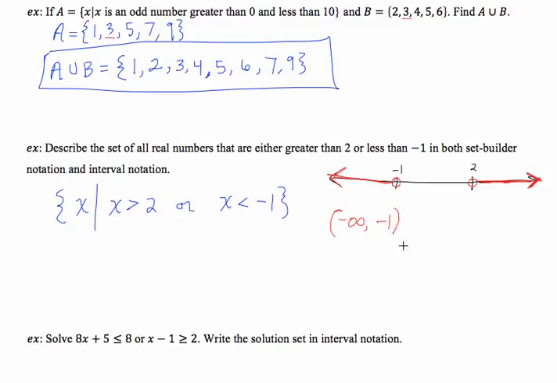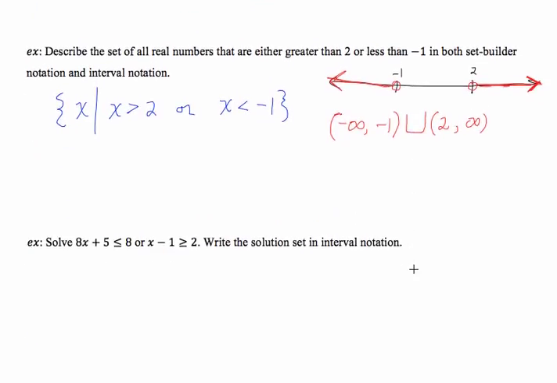And what we had done before is we just put either a comma or I wrote the word or, but now you know the union symbol. So technically these should be connected by a big U for union. So union, the set containing all the real numbers from 2 to infinity. So there it is in both set builder and interval notation.